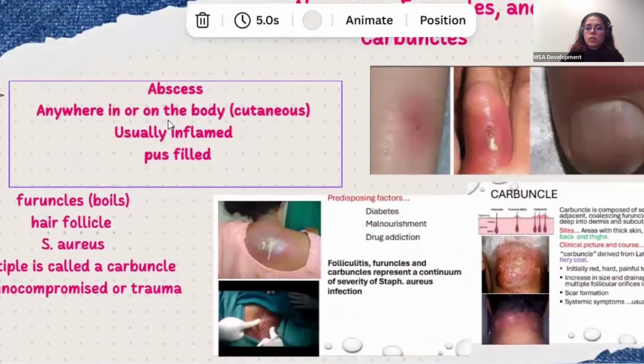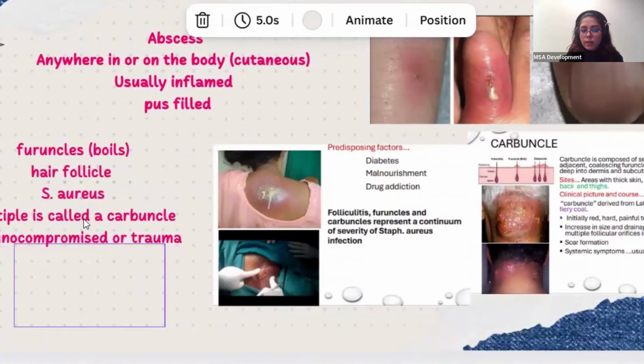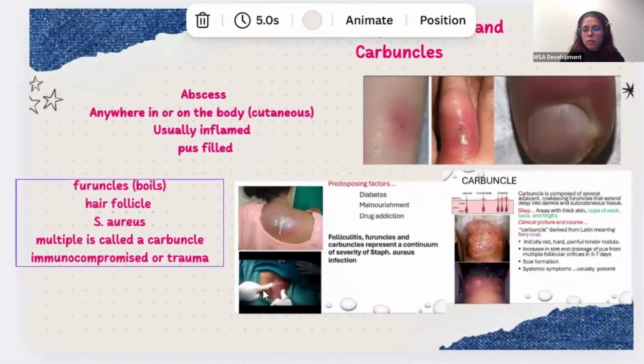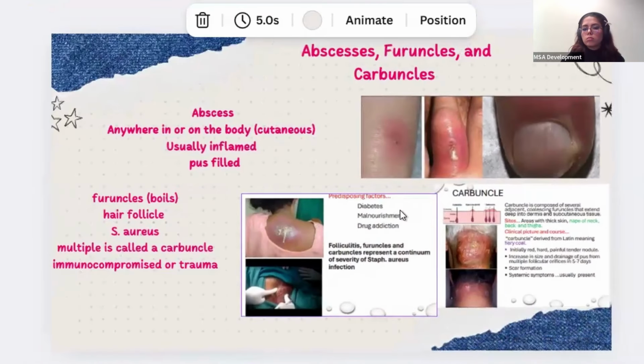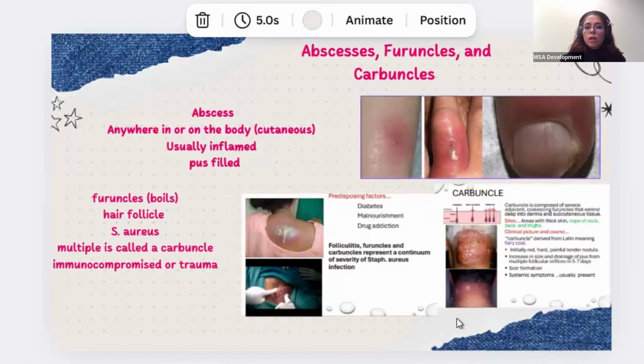Anywhere in or on the body is cutaneous, and it's usually inflamed, pus-filled. Furuncles, boils, the hair follicle is involved, and Staph aureus is involved as well. Okay. Again, these ones specifically are just like, oh, point. What is this?